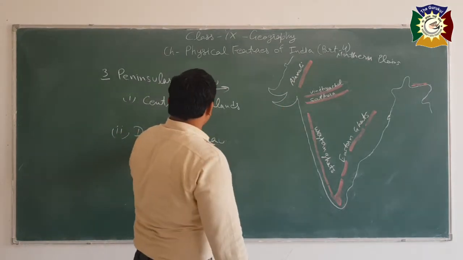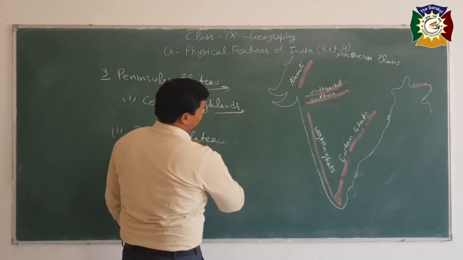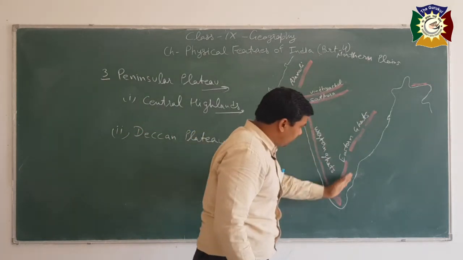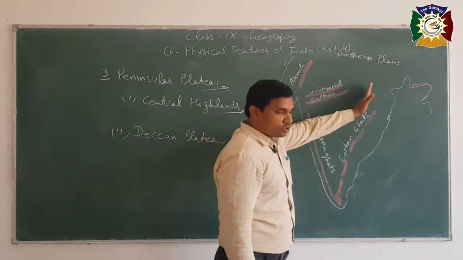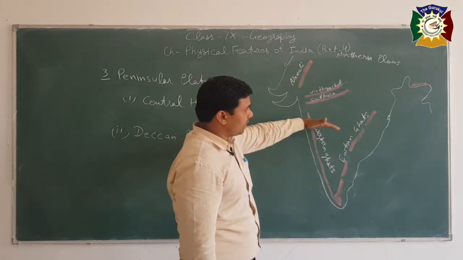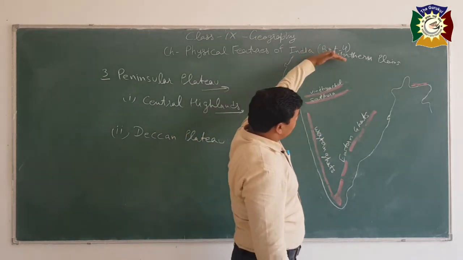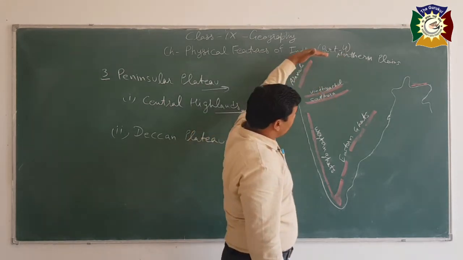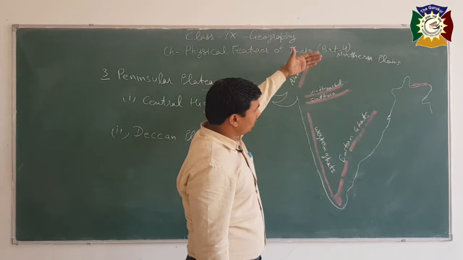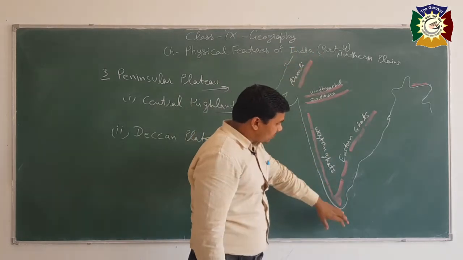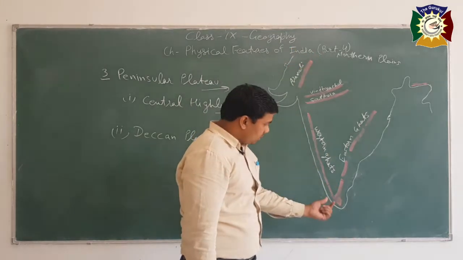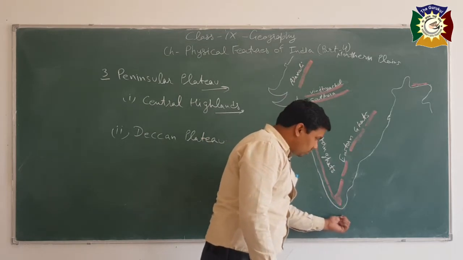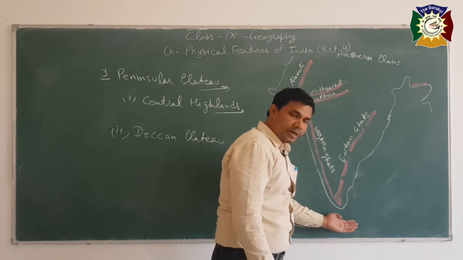The base of this Peninsular Plateau lies near the northern plains, on the northern side, and its apex, इसका जो सिरा है, lies in the south side towards the Indian Ocean.